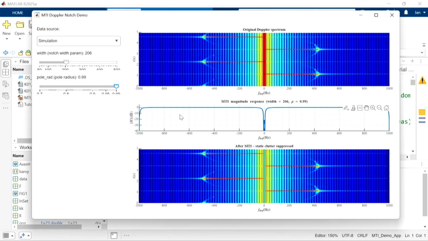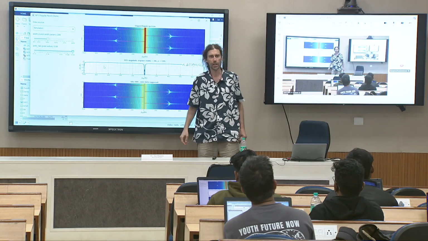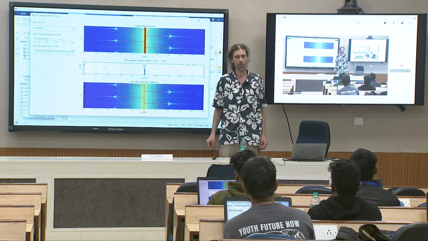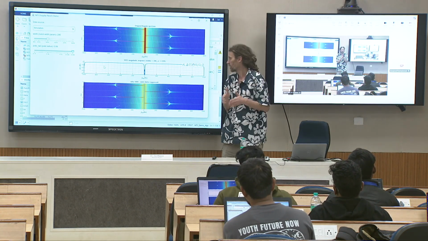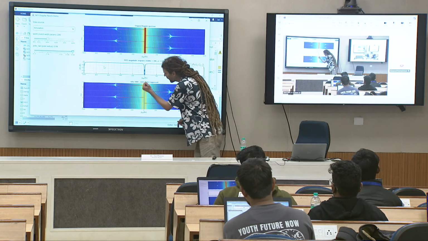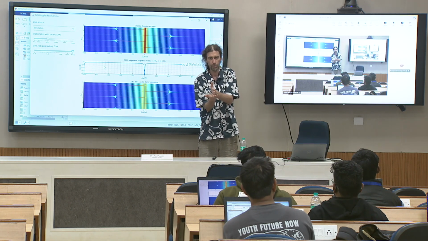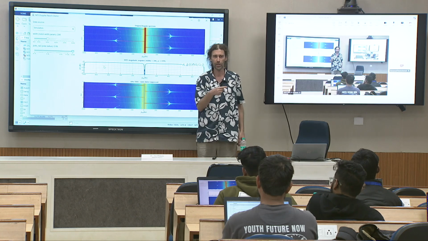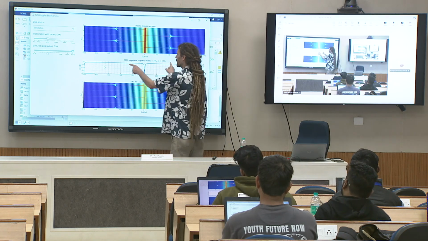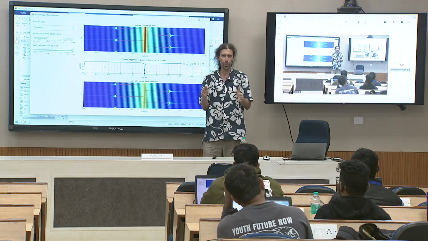You see, now if I set the pole almost close to the unit circle, what does this mean? That the zero and poles are really close to each other, so the notch will be extremely narrow, and only a really small part will be removed. And now please just tweak this parameter and go down, and you will see that it will be wider, so I will remove more.